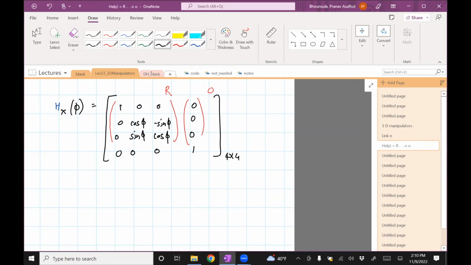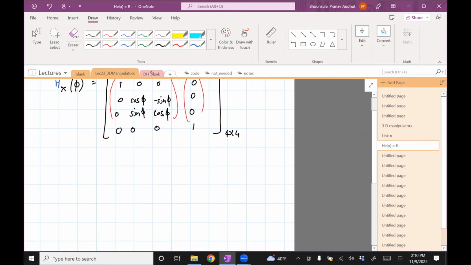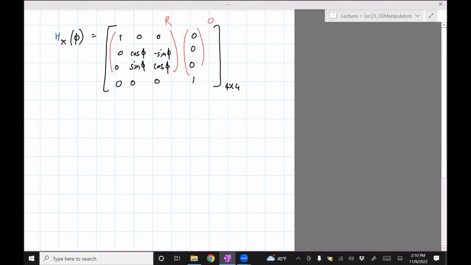And then when we multiply things, you will see that we can actually do useful things if we have it as a square matrix. This is H_x(phi). We have H_y(theta). That would be cosine theta 0 sine theta 0, 1 0, minus sine theta 0 cosine theta.